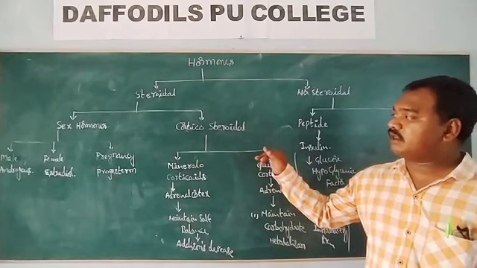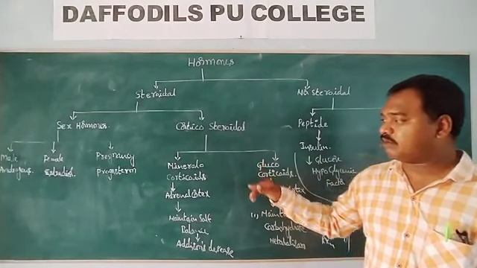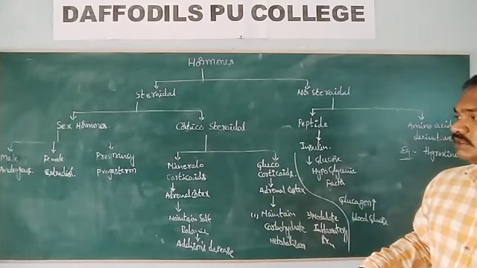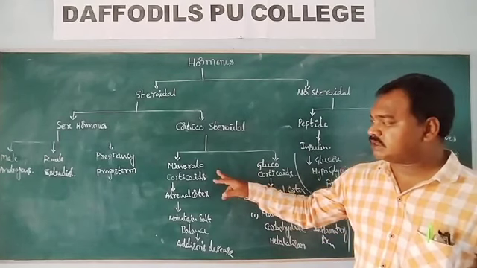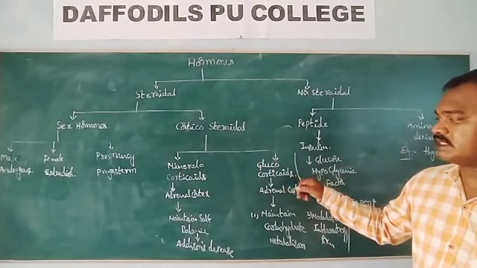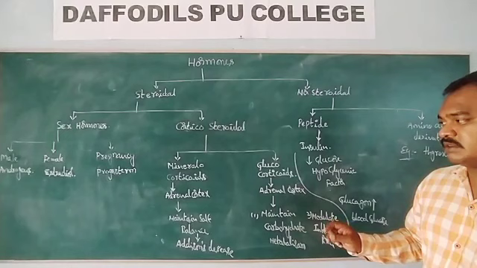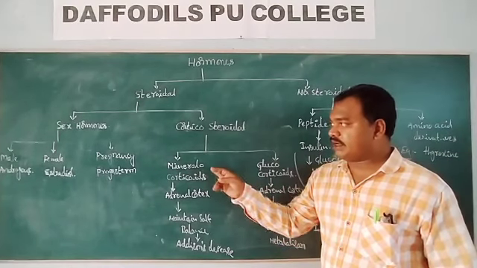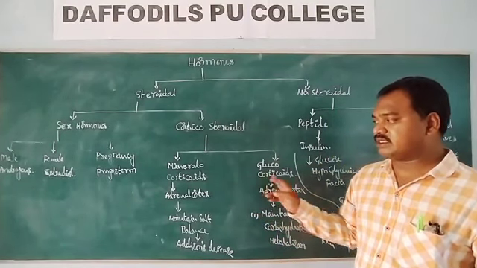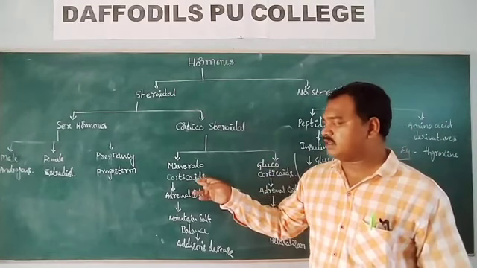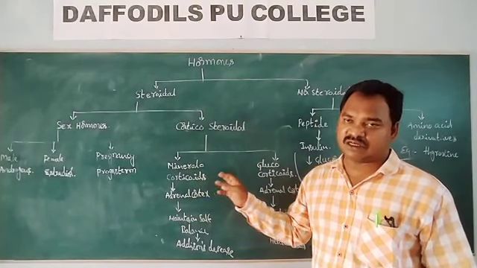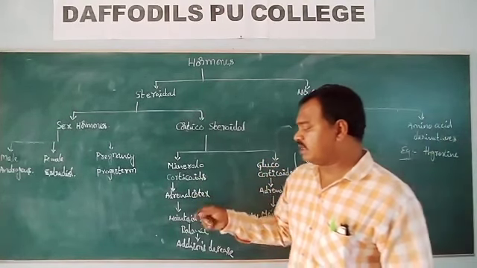Now come to the corticosteroidal hormones. These corticosteroidal hormones are of two types: mineralocorticoids and glucocorticoids. Both are secreted by the adrenal cortex.